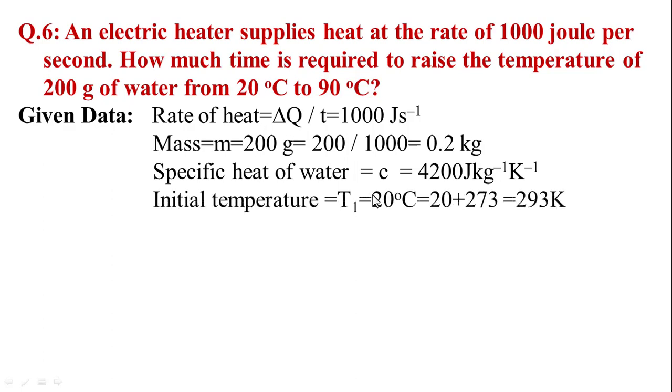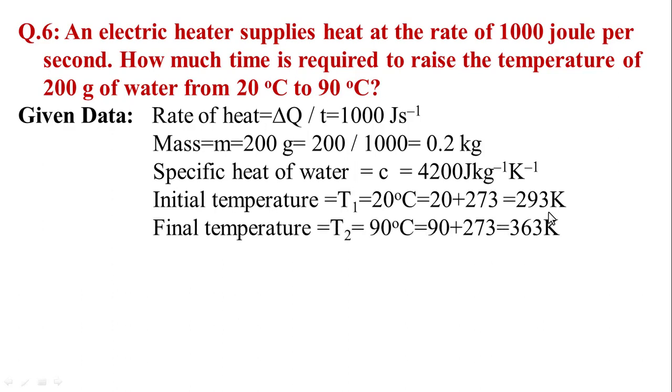And initial temperature T1 is equal to 20 Celsius. Change the 20 Celsius into Kelvin, then 20 plus 273 is equal to 293 Kelvin. And final temperature T2 is equal to 90 Celsius.